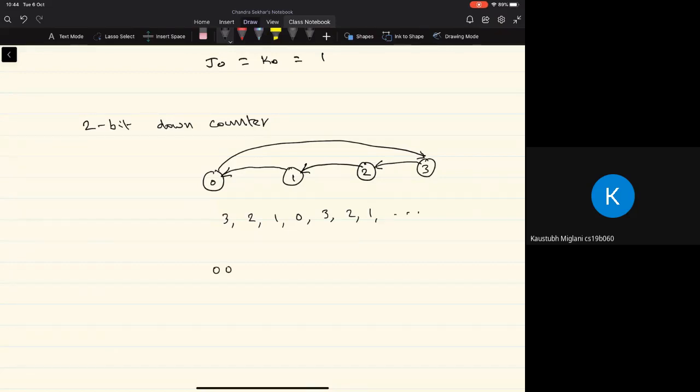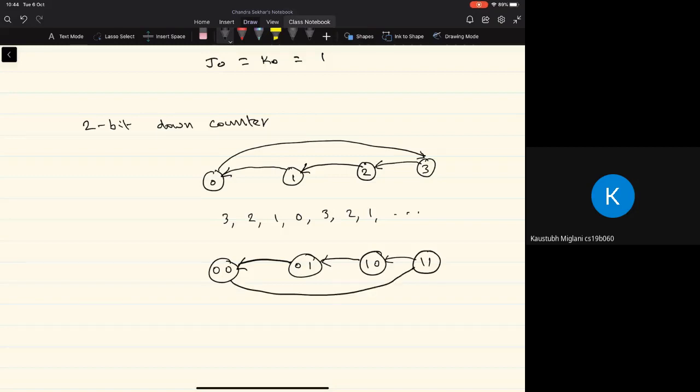So if I replace the values by 00, 01, 10, and 11, right? So this will be the state transition diagram, where the state of the circuit is given by the values of the Q bits of the 2 flip-flops that we'll be using, right?